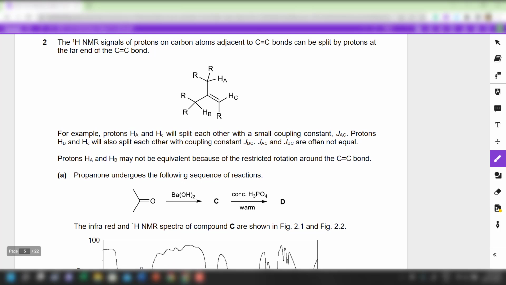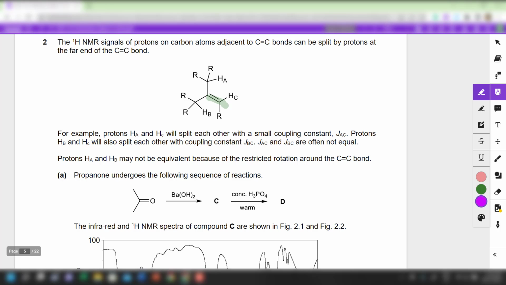The 1H NMR signals of protons on carbon atoms adjacent to a C=C double bond can be split by protons at the far end of the C=C double bond. If you scrutinize the structure, you notice that this particular C=C double bond, or in fact all C=C double bonds, have restricted bond rotation about them.